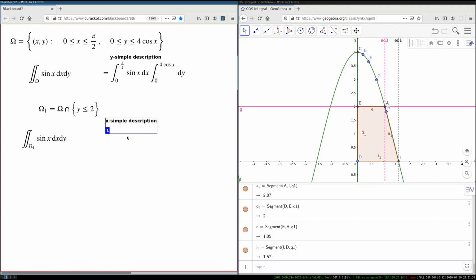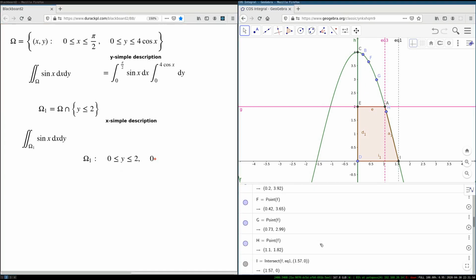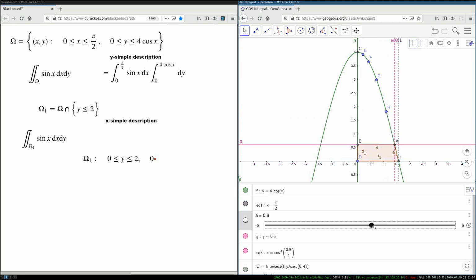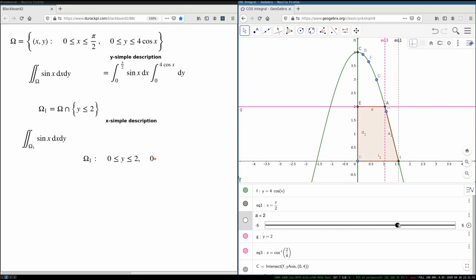If I approach this as an x-simple domain, then for omega 1 the corresponding description is like so. First we have to specify the range for y, and we can clearly see what the range is. My y ranges between 0 at the bottom up to the point 2 up here, and then we have to specify the controls for x.